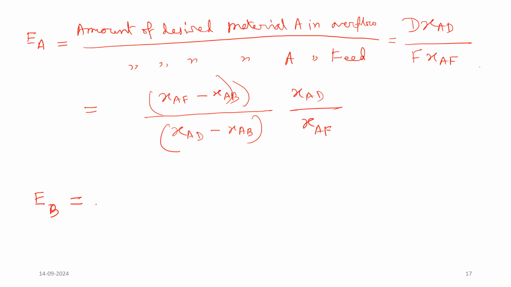And the effectiveness depending on the undesired material will similarly be the amount of undesired material B in the underflow and in the feed.